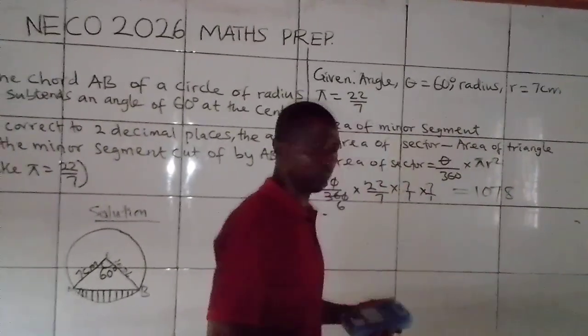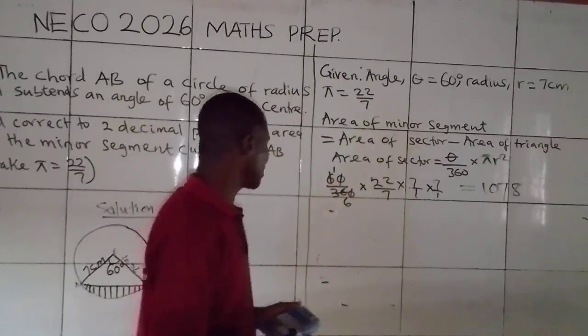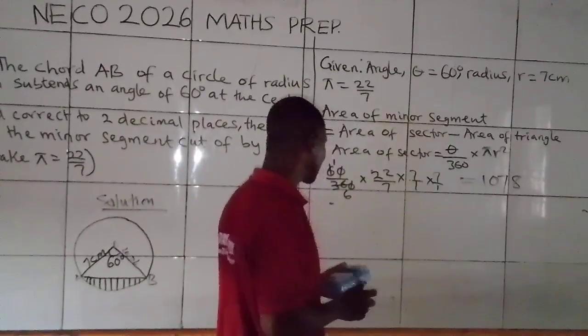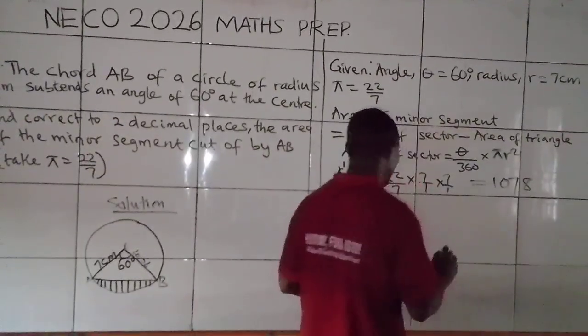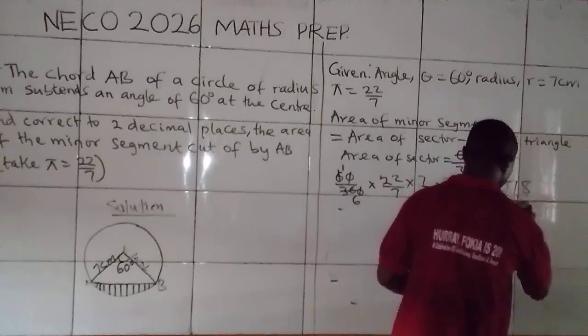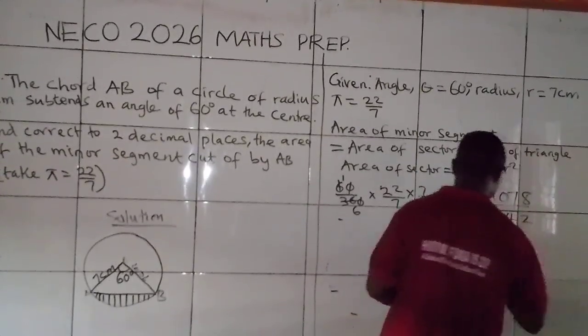Now, the denominator, that is the values under, we have 6 and 7. So 6 times 7 is equal to 42.